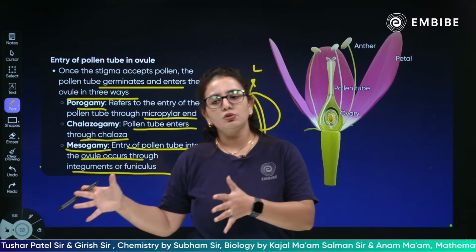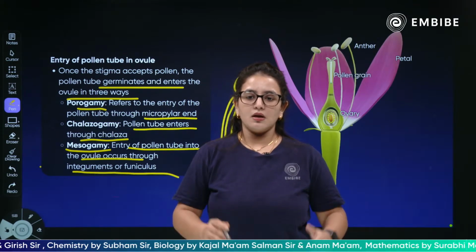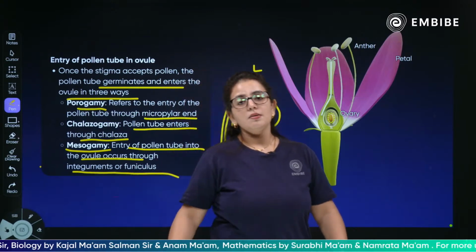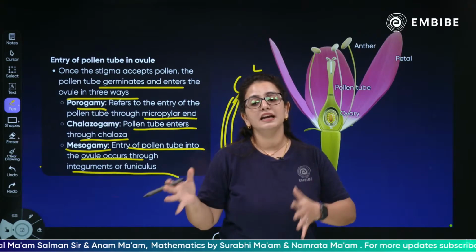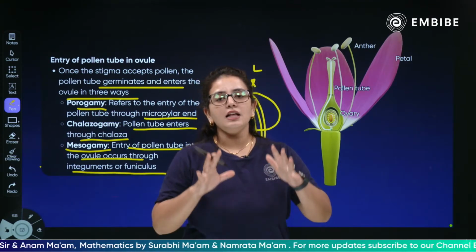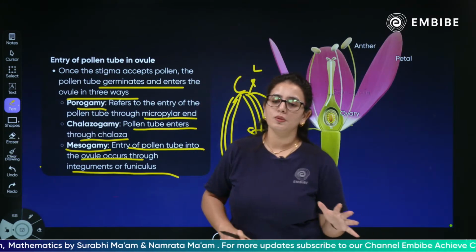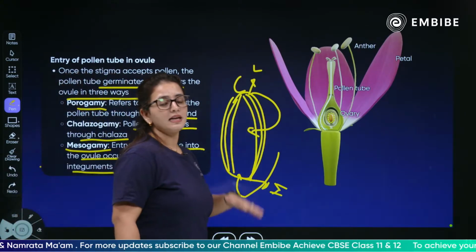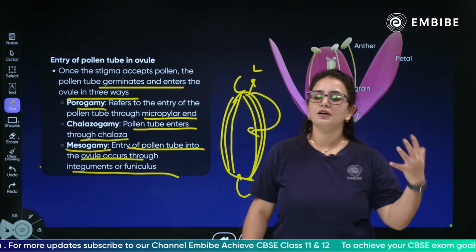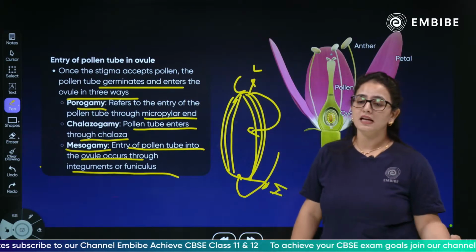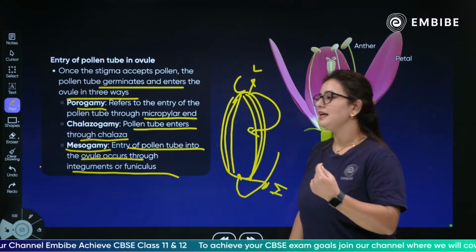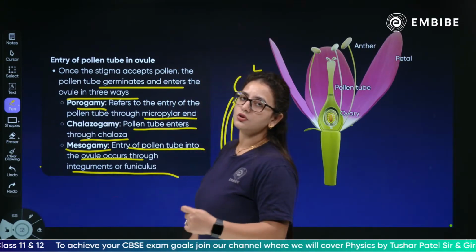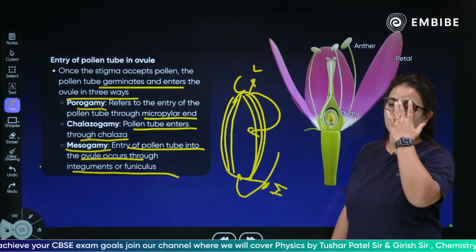Porogamy, entry through the micropylar region. Chalazogamy, entry through the chalazal end. Mesogamy, entry from the integuments or funiculus. So, these are the three entry points of the pollen tube inside the ovule. This is how the pollen tube enters the ovule for fertilization.